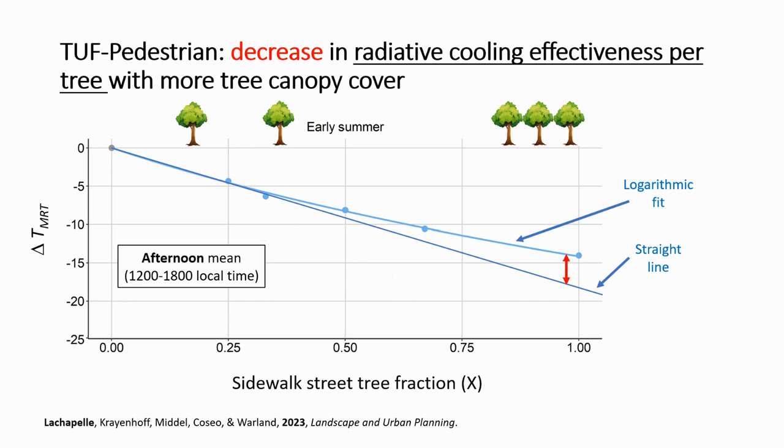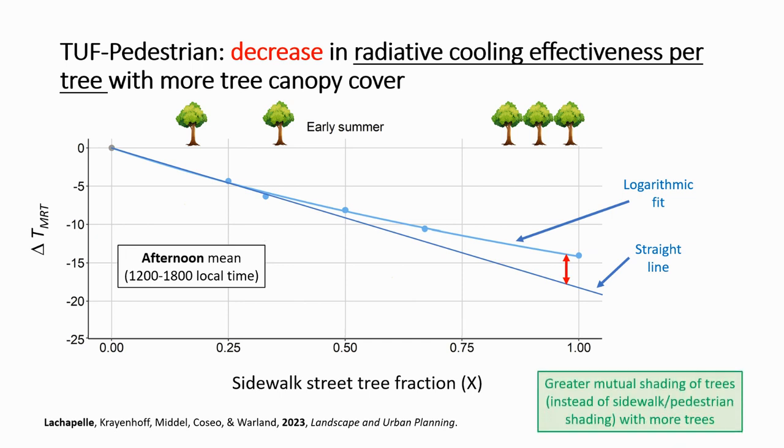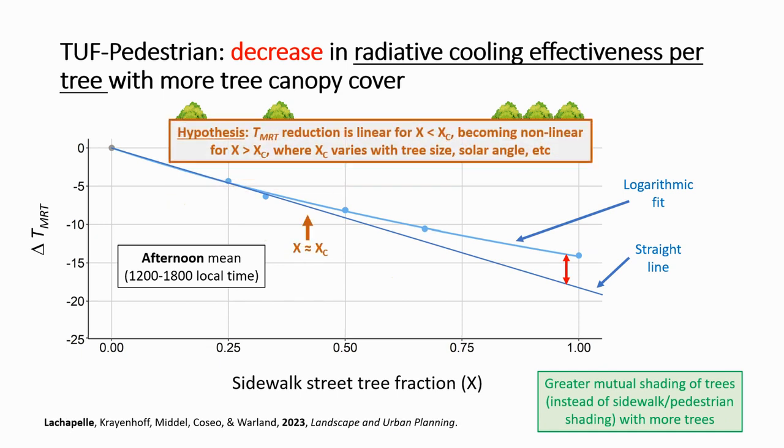It was actually a small reduction in efficiency of radiative cooling effectiveness per street tree. And we think this is mutual shading between trees. And we think there's probably some critical point, depending on a variety of factors, where you start to get that mutual shading, and therefore you start to get a reduced effectiveness per street tree.